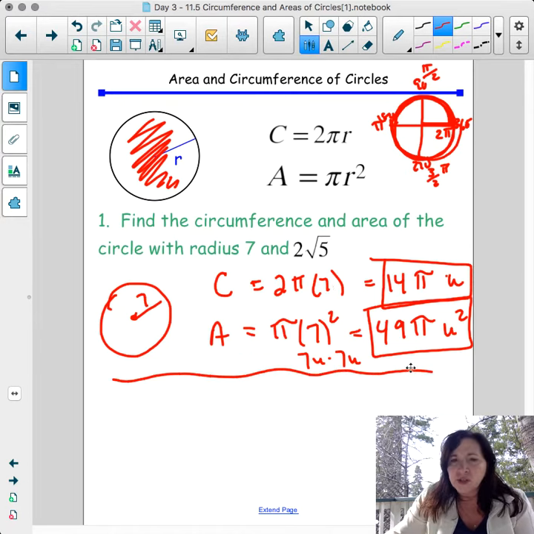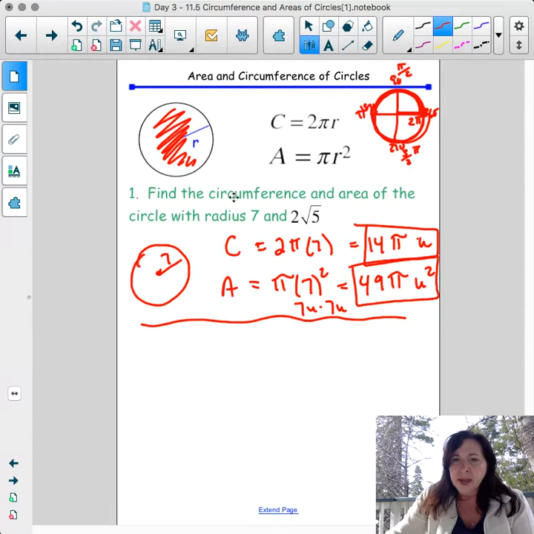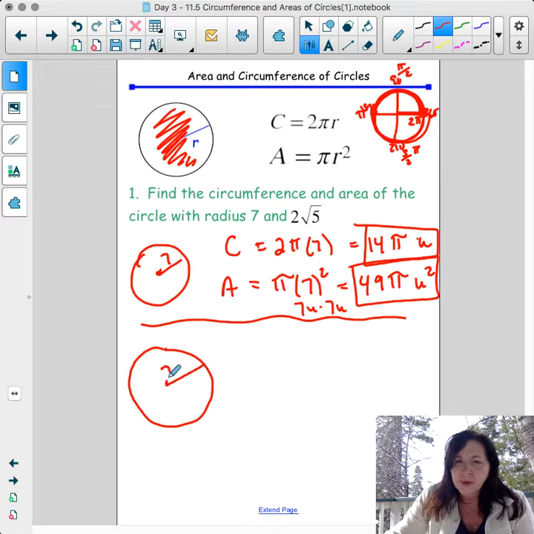In order to find the area and circumference of a circle that has a radius of 2 root 5, okay, so here's 2 root 5, we're going to go circumference is equal to 2 times pi times my radius, which is 2 root 5.